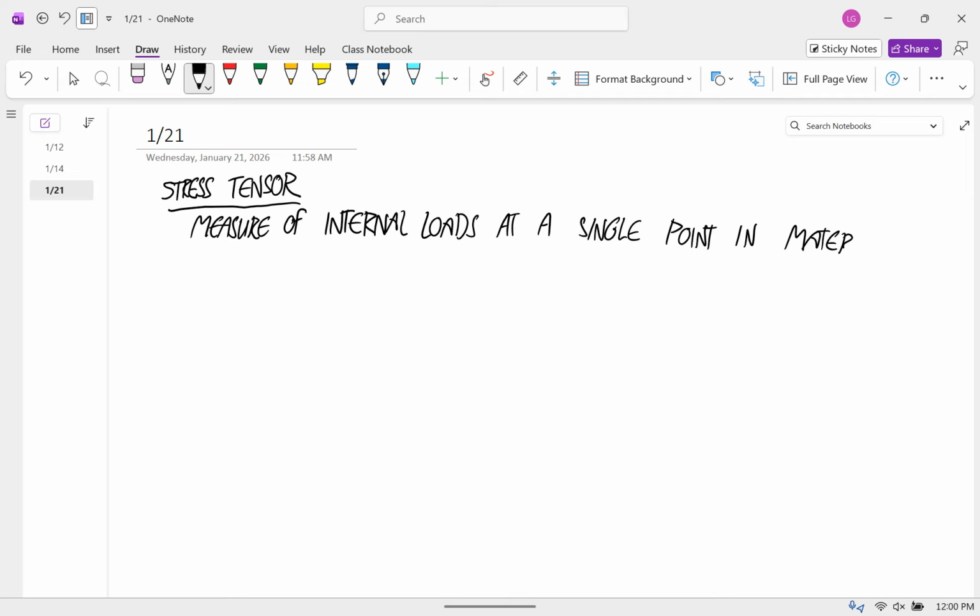And remember that there's always an equivalency between a stress tensor and a stress cube. So when you see a stress tensor, you should always visualize that stress cube.